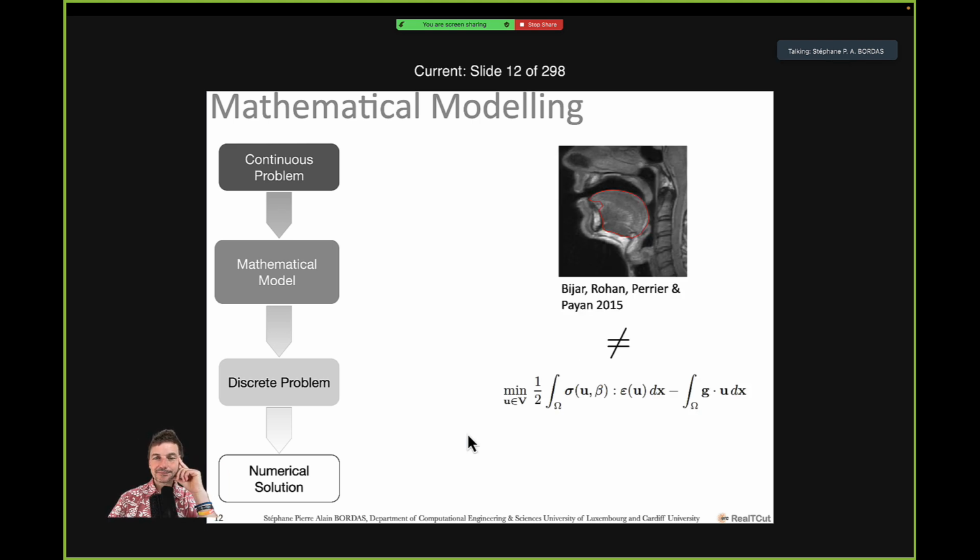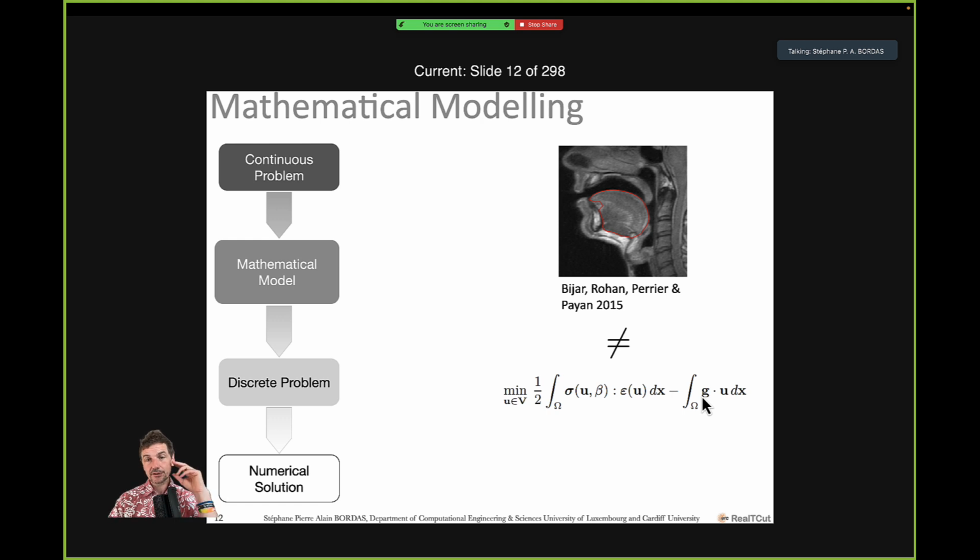It's always beautiful. Okay, so now what do we have here? We have problems, right? Because the first problem is, as we said, that the tongue definitely does not behave like a hyperelastic material with activation. It's much more complex than this. It's heterogeneous, it has some tangents, it has a lot of things associated to it, and therefore you need to be really careful in the way you do things, right?